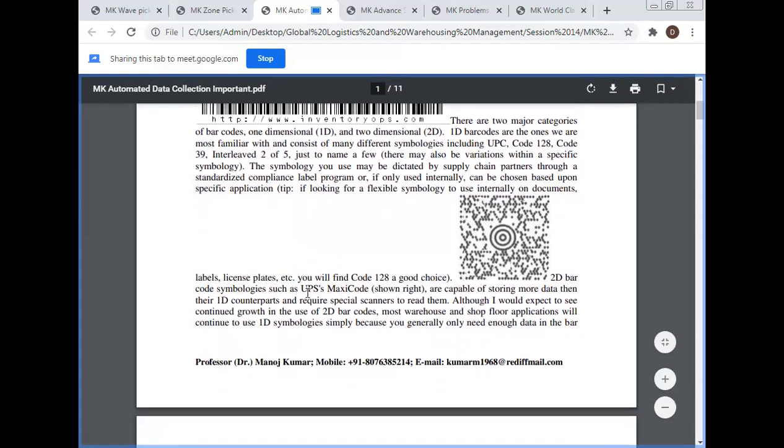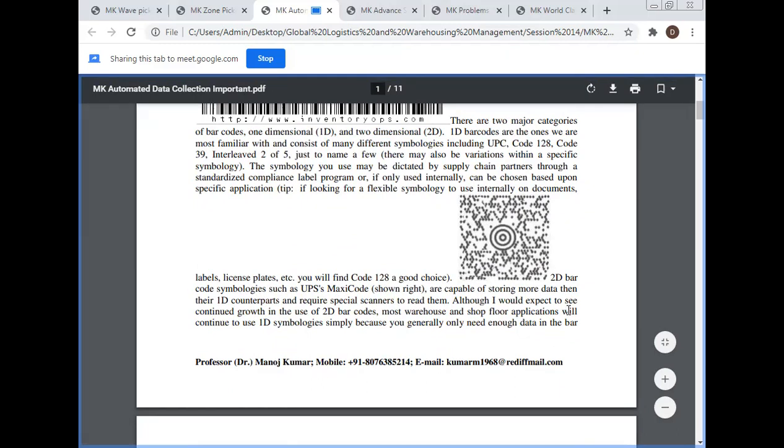For labels, license plates, etc., you will find Code 128 a good choice. 2D barcode symbologies such as PDF417, MaxiCode, DataMatrix are capable of storing more data than their 1D counterparts and require a special scanner to read them.